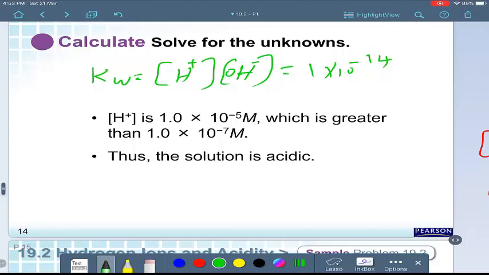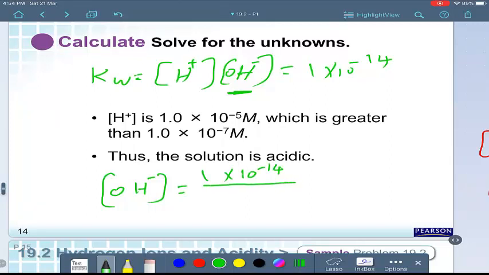Now if you want to calculate OH, it equals 1 times 10 power of negative 14 divided by the value of H you have, which is 1 times 10 power of negative 5. You will get the value of OH. If it's a high value, it's basic because it's OH. If it's a low value, it means it's acidic. It will be a low value here, so it's acidic.